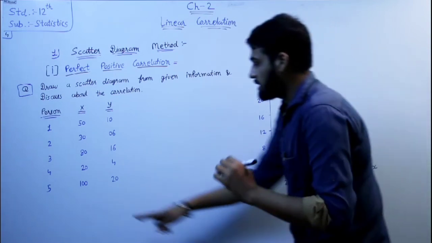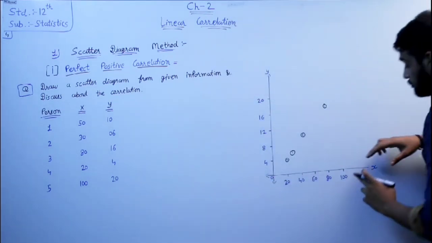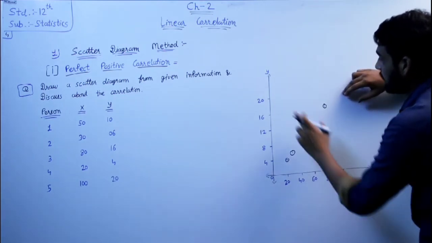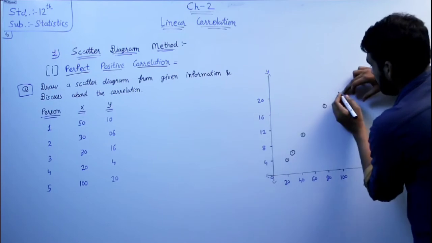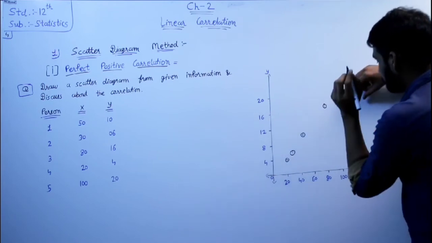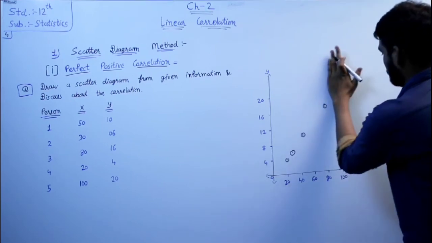And the last one is 100 and 20. The last value of the x-axis is 100 and the last value of the y-axis is 20. Clear? So this point is plotted here.